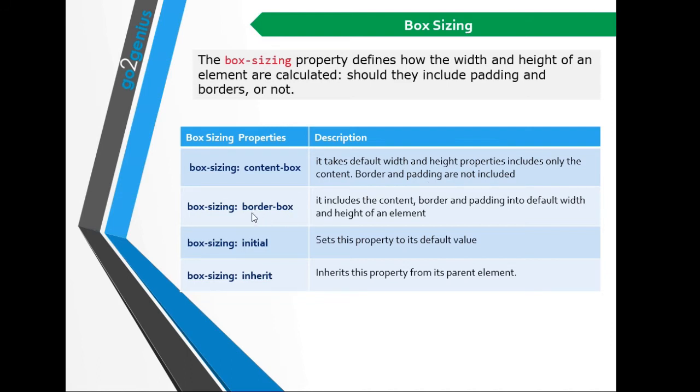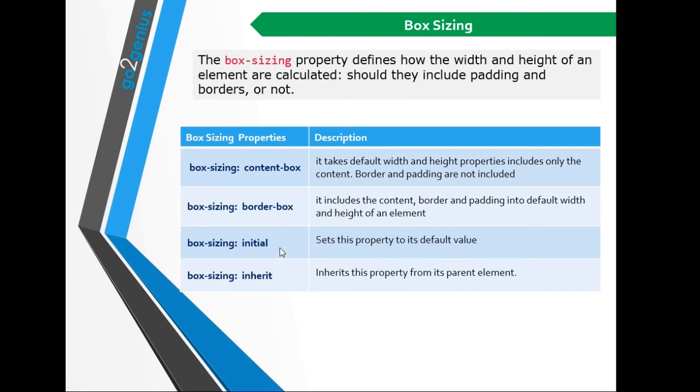And the border box includes the content, border and padding in the default width and height of an element. So friends, in the case of border box, it includes the content width and the border and padding in the default width and height of the element.